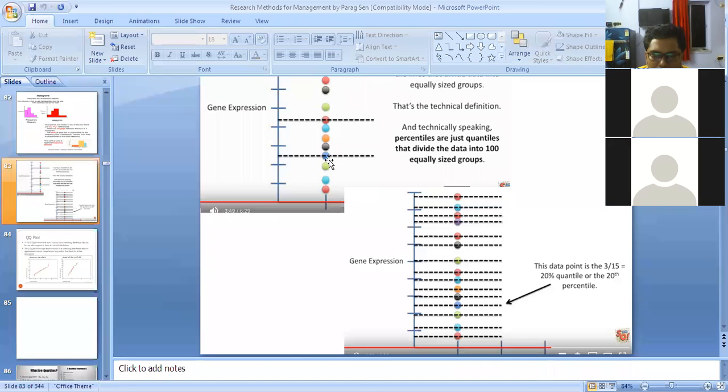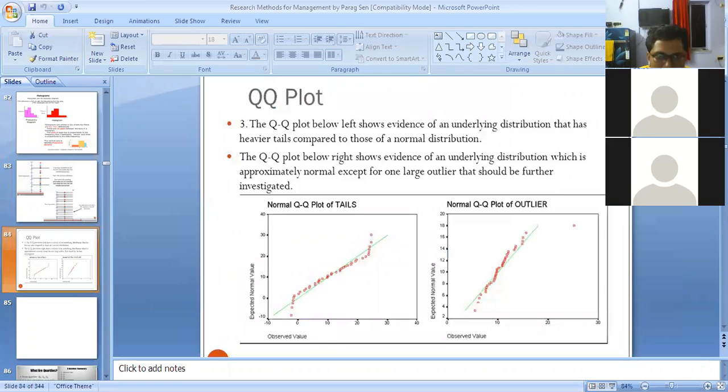And what is a QQ plot? The QQ plot below is a quantile plot. You just need to know that there are some methods of how to make this quantile plot.